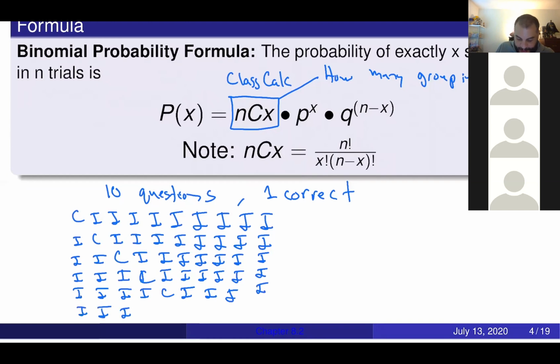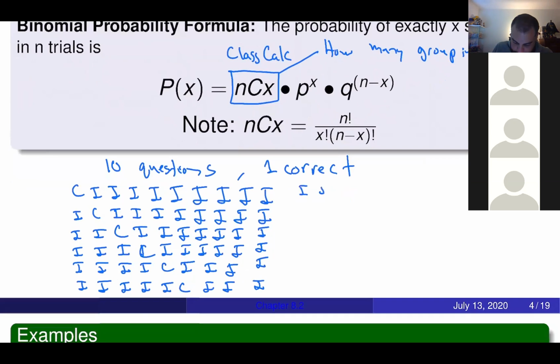So let me put in all the other options. One, two, three, four, five.